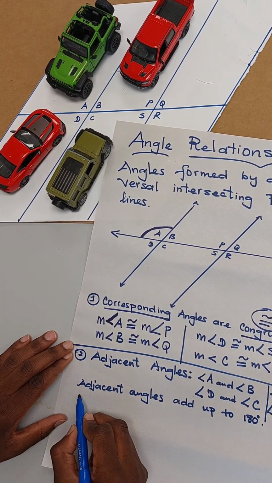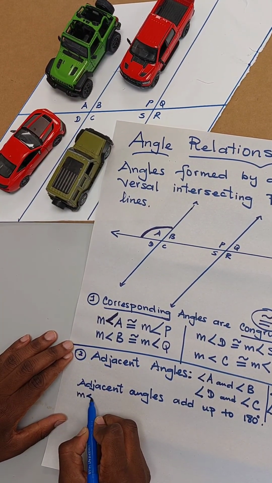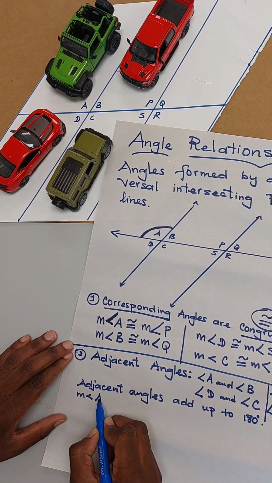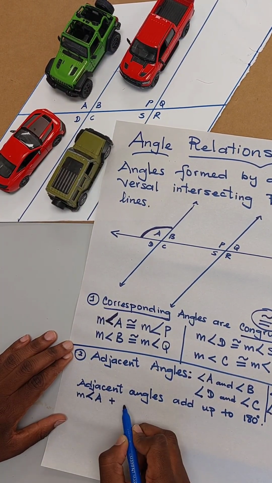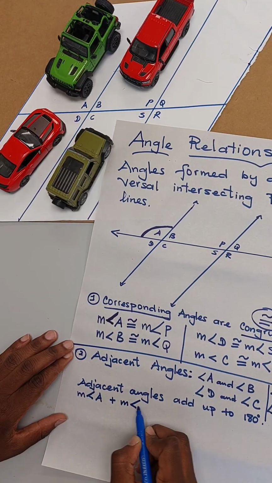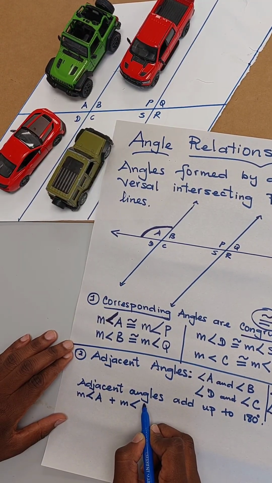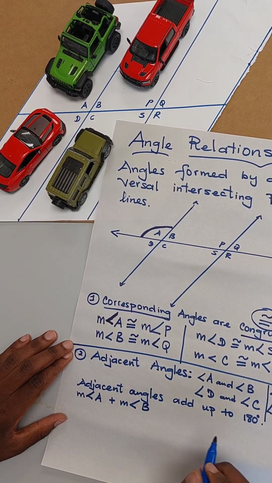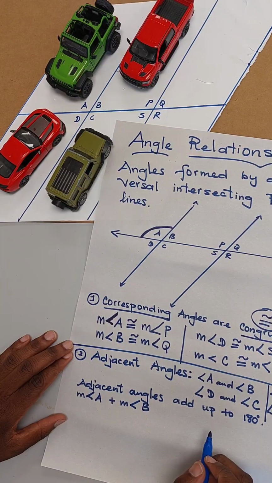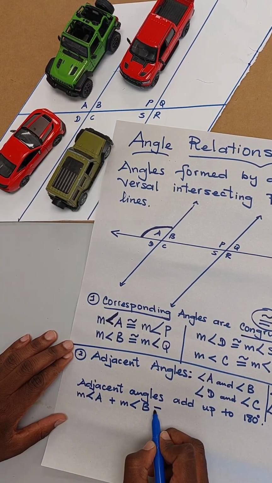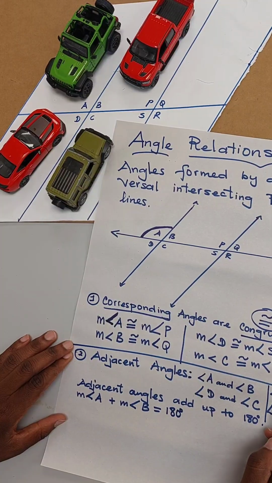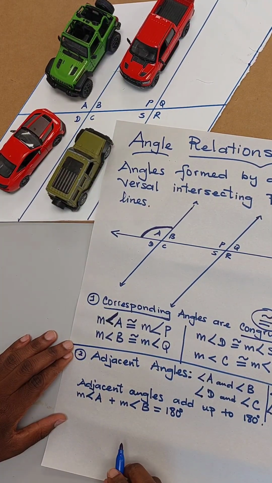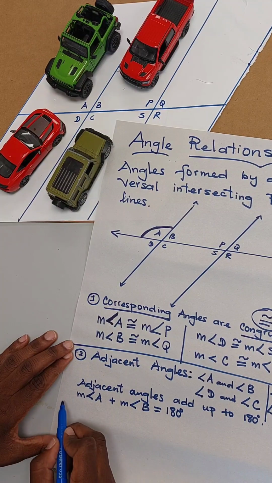So what we're saying here is that the measure of the angle A plus the measure of the angle B, because they are on the same straight line and adjacent to each other, will add up to 180 degrees. And so will these other adjacent angles here add up to 180 degrees.